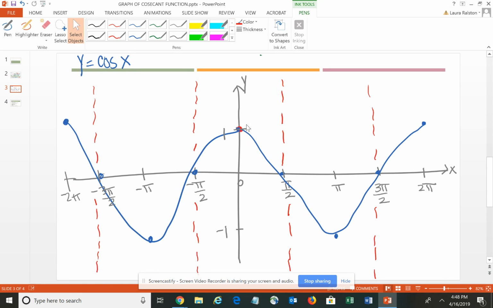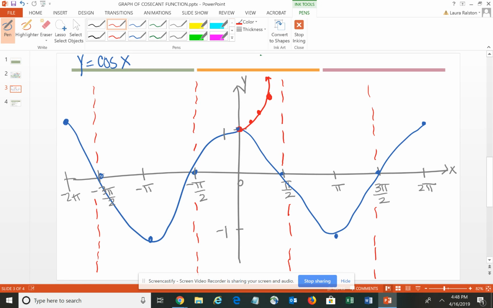So you're going to have this little curve going up. At pi fourths, we were at square root 2. At pi thirds, we were at 2. So you get this arced curve.